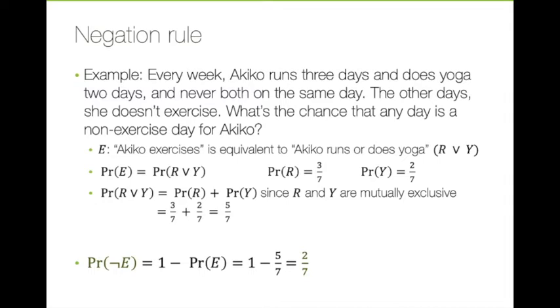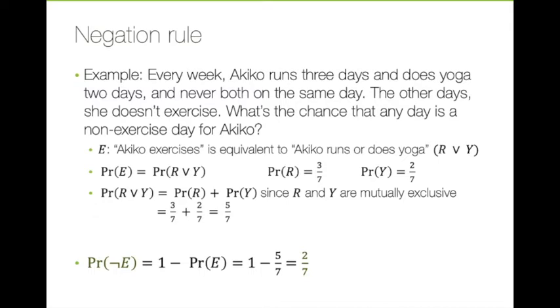And we're going to symbolize Akiko runs or does yoga as R or Y. So because we know from one of our earlier rules for equivalent sentences, the probability of E is equal to the probability of R or Y if they're equivalent, if they're true in all the same circumstances.